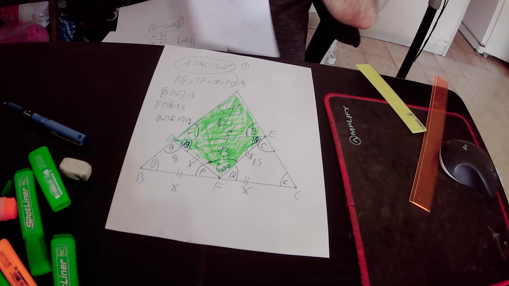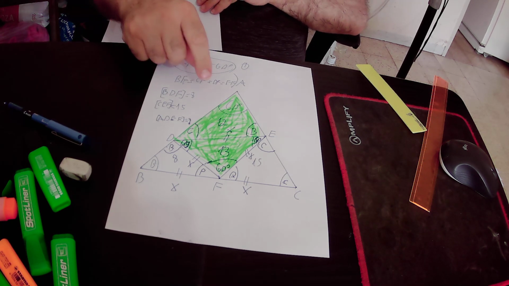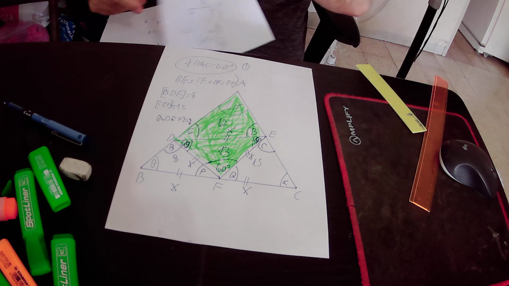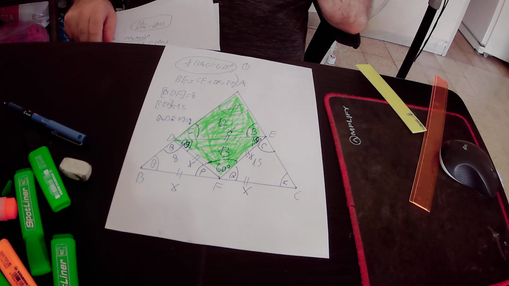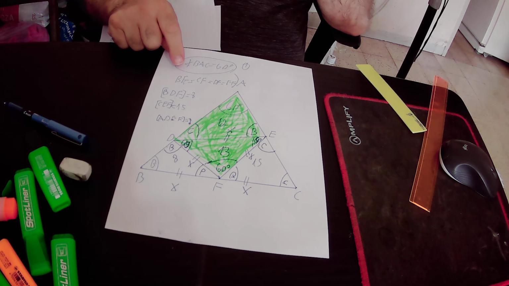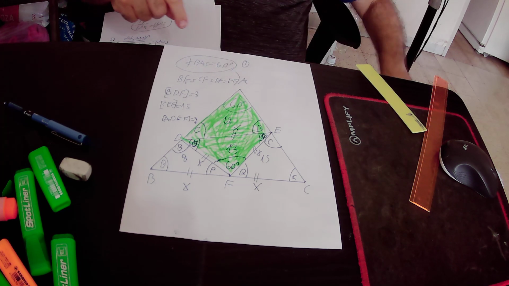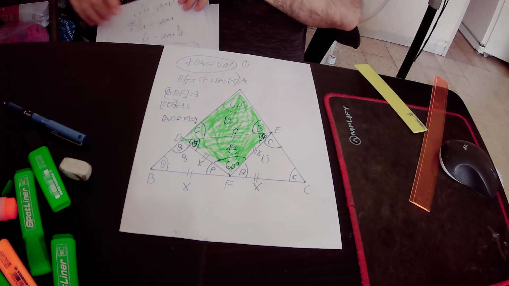We know that in triangle ABC, angle BAC equals 60 degrees, and also we know that BF equals CF equals DF equals EF.